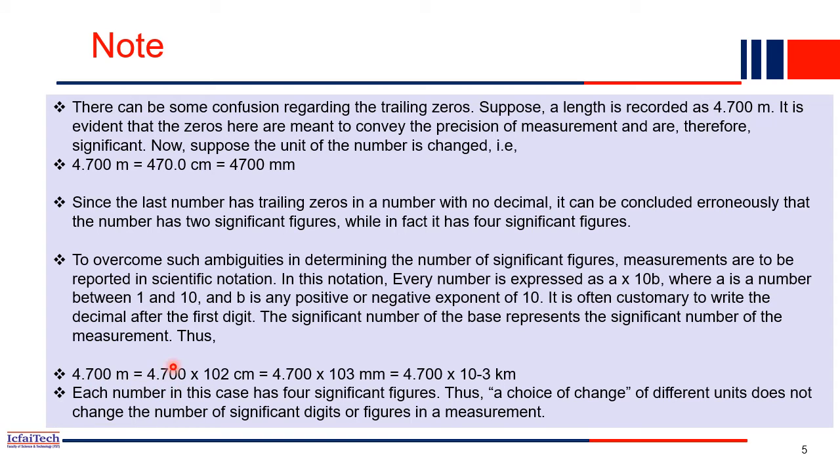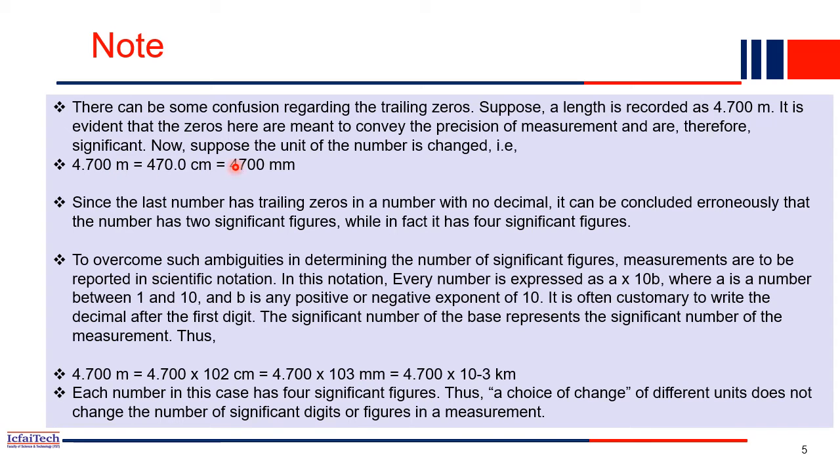This is the precision of our instrument, right? For the conversion of unit, meter to centimeter, we multiply it by 10 squared. It is not 102, it is 10 raised to 2, here it is square. Similarly, if you want to convert this value into millimeter, then 4.700 stays the same. This is our original significant number, and this is the unit conversion we are doing.